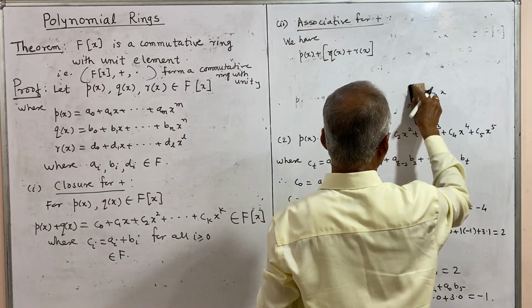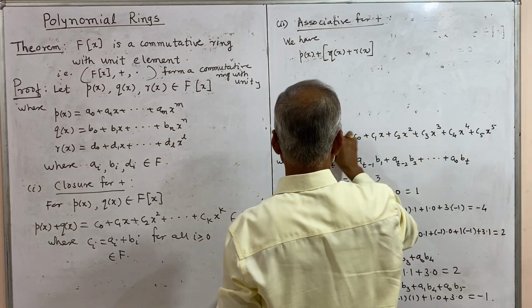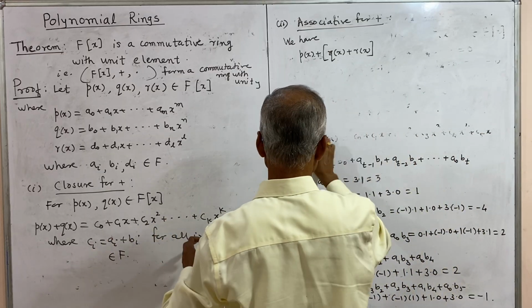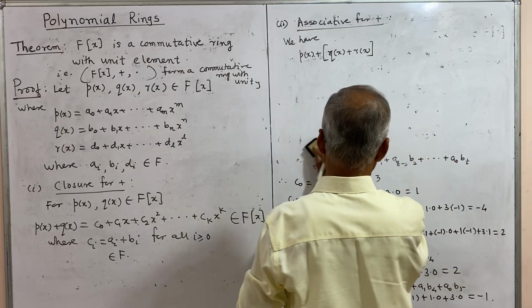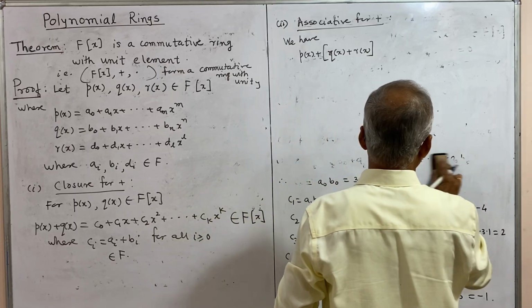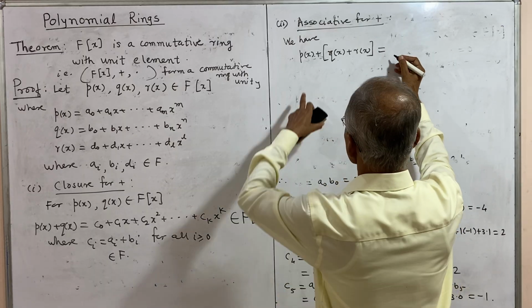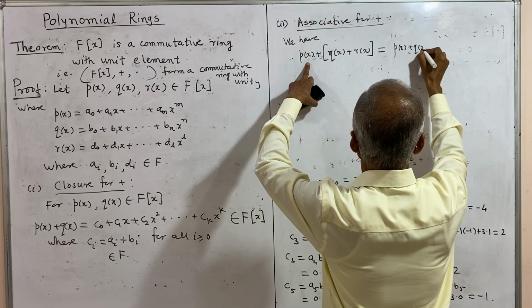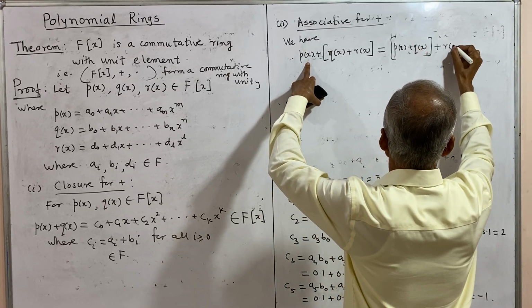Now we may see here, if you write this again in addition form, c naught plus etc., we shall get the result that this is same as p of x plus q of x plus r of x.